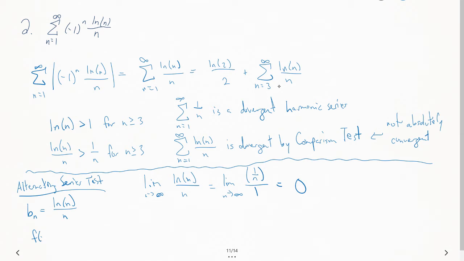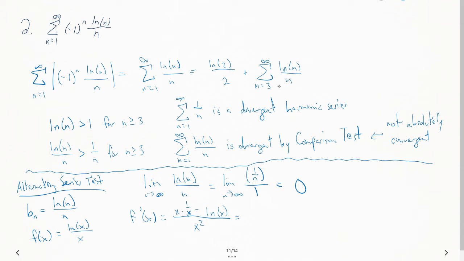Now what we'll do is we'll define a function f of x equals natural log of x over x. And so what happens here? Well, f prime of x, we need to show that this is always negative for n greater than or equal to 1 essentially, but we can even do n greater than or equal to 3, or just find some point where it's decreasing for good. So f prime of x equals, so we get x squared and then x times 1 over x, and then minus, you take the derivative of the bottom, which is 1, times natural log of x.